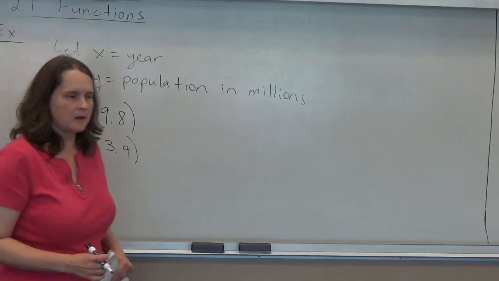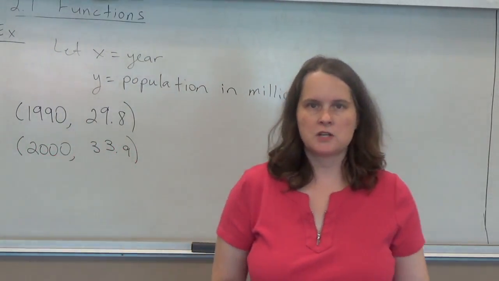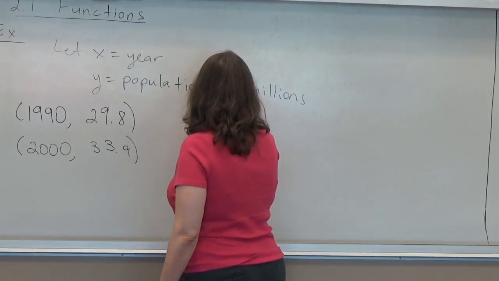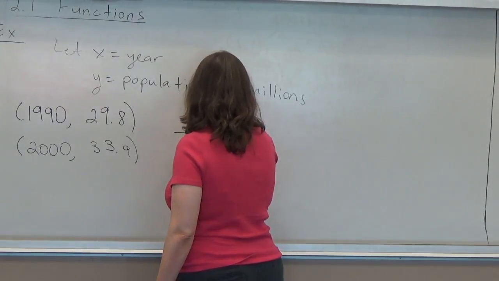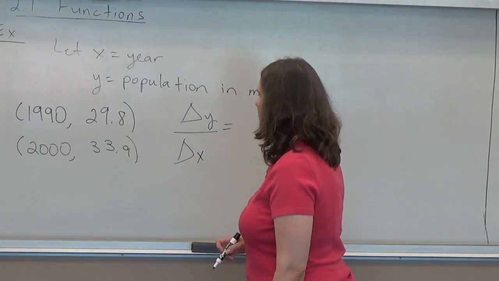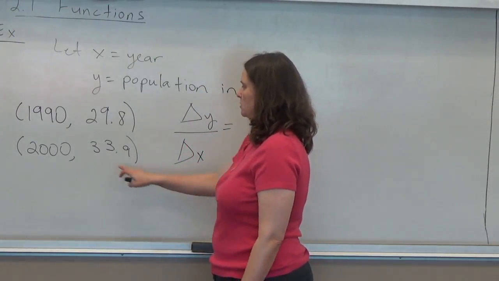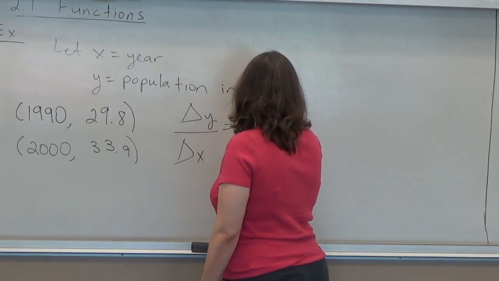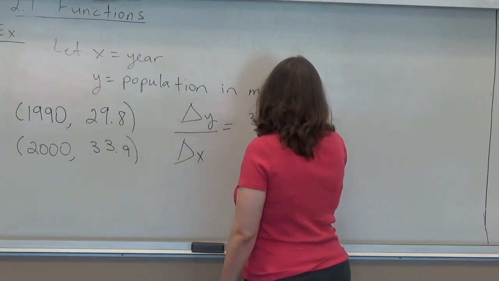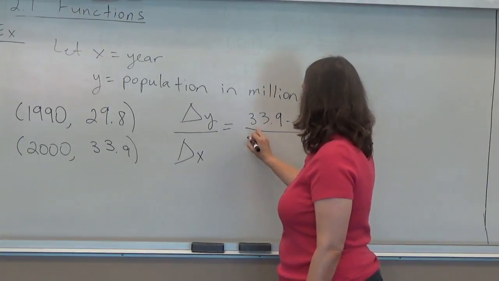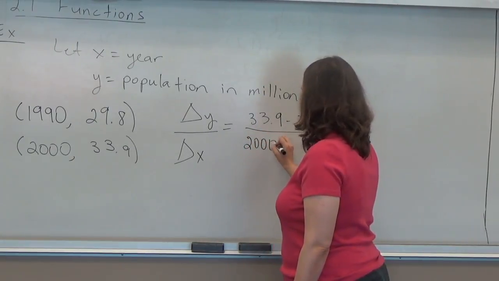With these two ordered pairs, we need to find change in y over change in x. So we want to do delta y over delta x. This is exactly like the slope formula. You're going to subtract the y values. So I'm going to do 33.9 minus 29.8 over 2000 minus 1990.